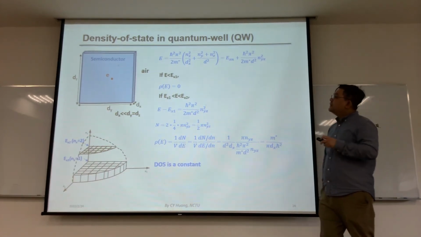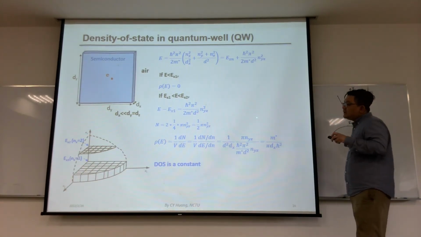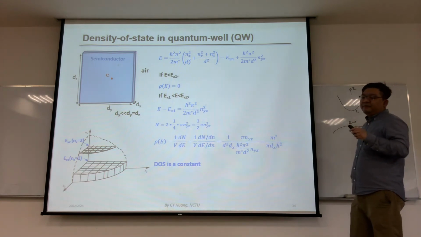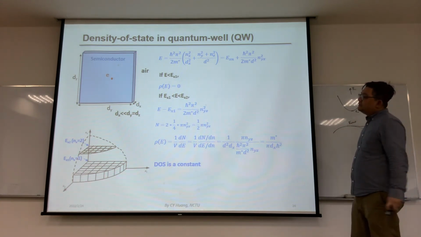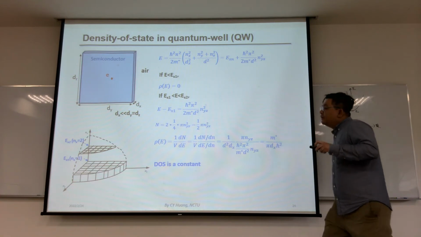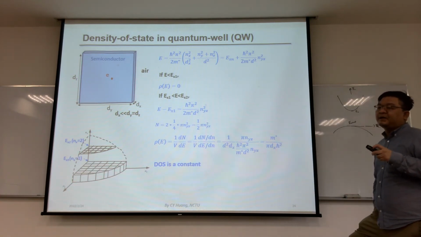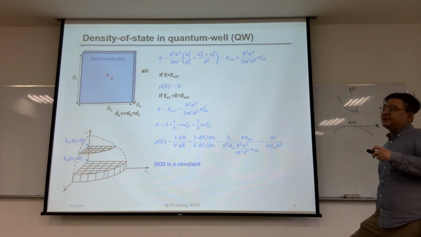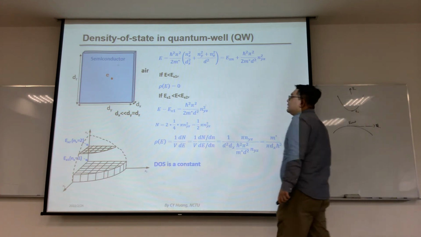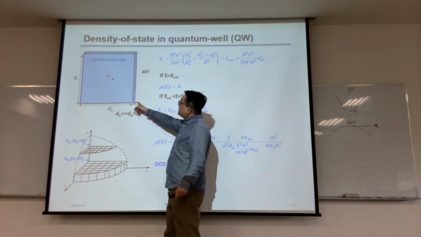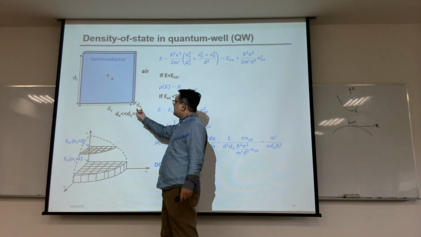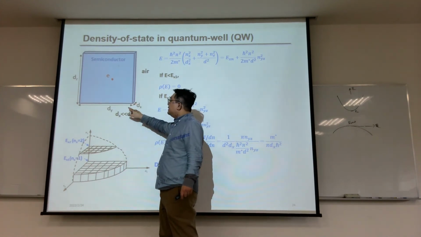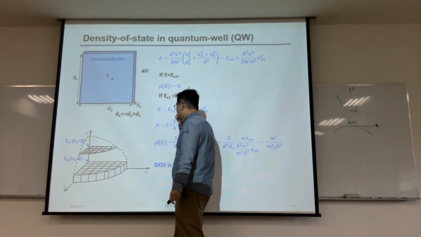Alright, if you do a similar thing for a very thin material, for example, a quantum well or thin plane, or we can say a particle in a two-dimensional box. Let's consider a semiconductor that is much narrower than the two other sides.